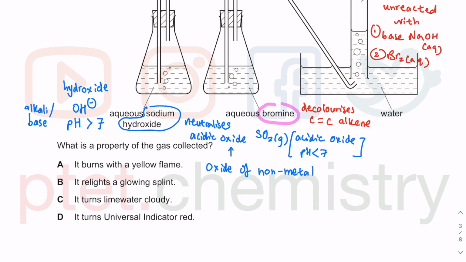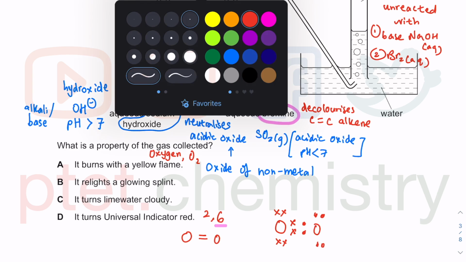So what is the property of the gas collected? How do you describe the property of oxygen? Oxygen has a double covalent bond between the oxygen atoms, each with 2,6 electronic configuration. You want to share 2 electrons to complete your outer shell between the non-metal and the non-metal. Therefore, you're left with 4 more electrons in the outer shell.